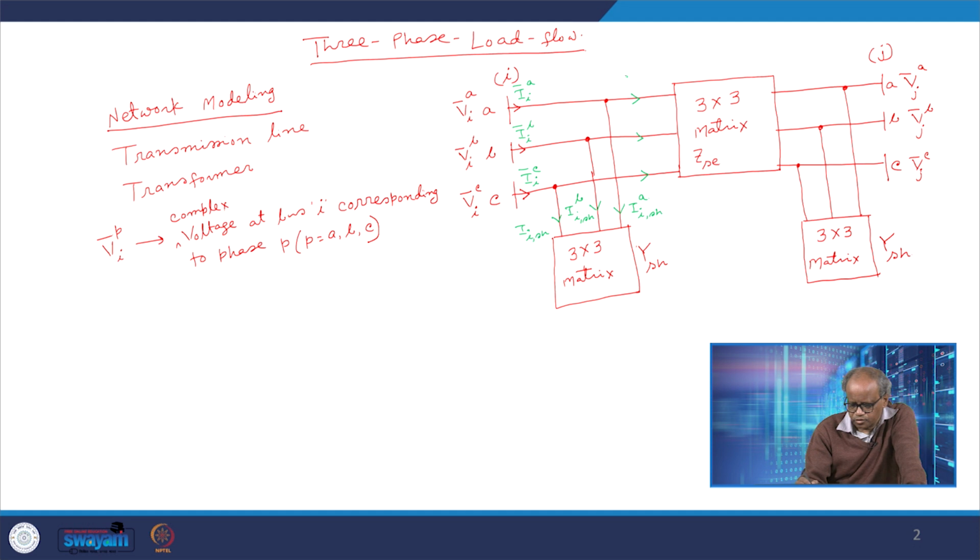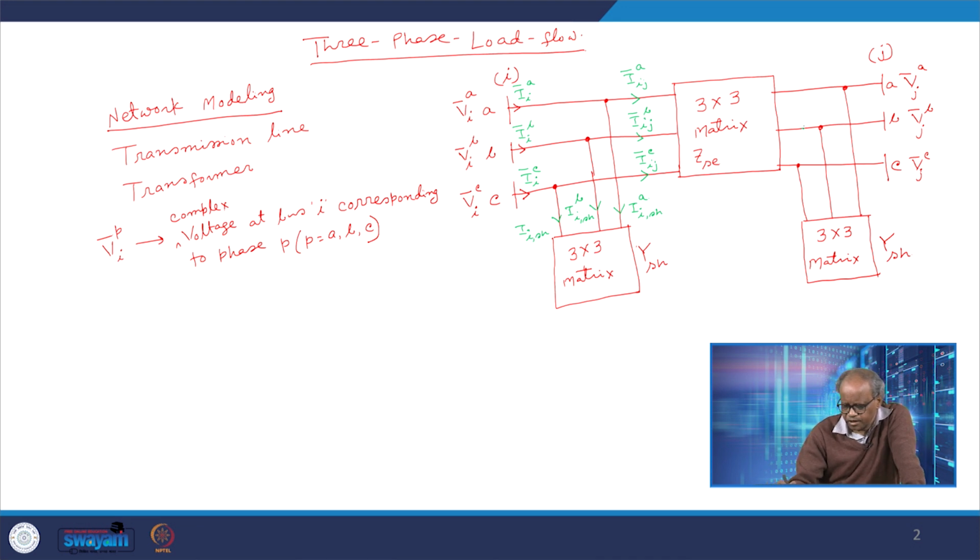This current I would say is IIJA, that is the current which is going from bus I to bus J. This current is IIJB, and this current is IIJC.